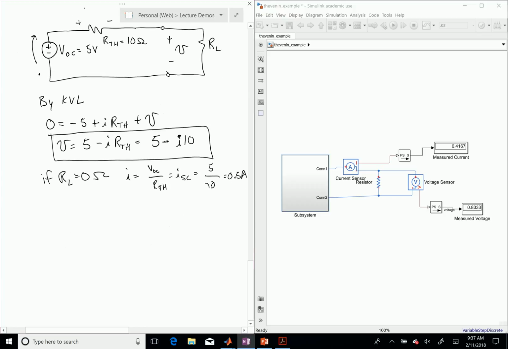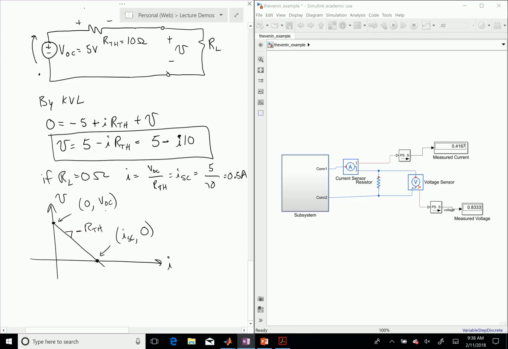Now, one important thing I'll say: if you look at these IV characteristics, here's I, here's V. It looks like that, let's say. This point right here is the short circuit current, 0 volts. And this one is 0 amps and V open circuit. I said the slope of this line is minus RTH.